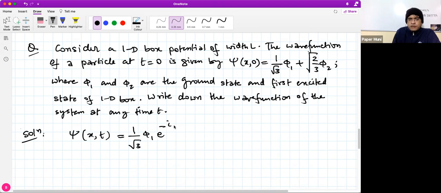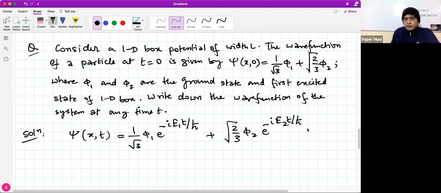Now, if we add the time part, we have to add e to the power minus iota E1 t by h cross, plus root 2 by 3 phi 2 e to the power minus iota E2 t by h cross. So this is the wave function at time t, and this is the answer to this question.